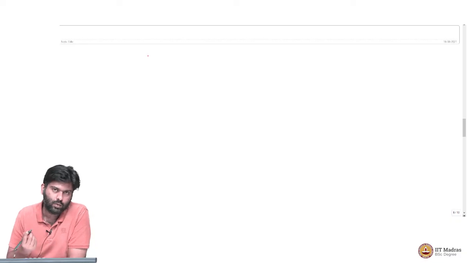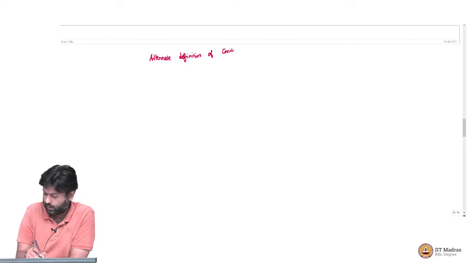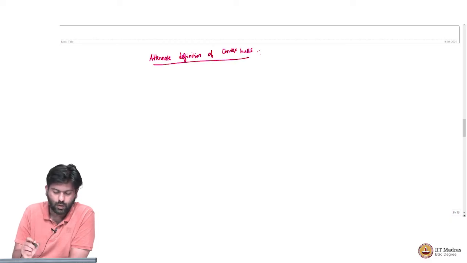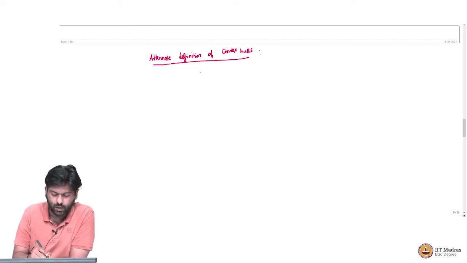Here is another way to think about convex hulls, an alternate definition of convex hulls. We will not define it too formally, I just want to give you a flavor.